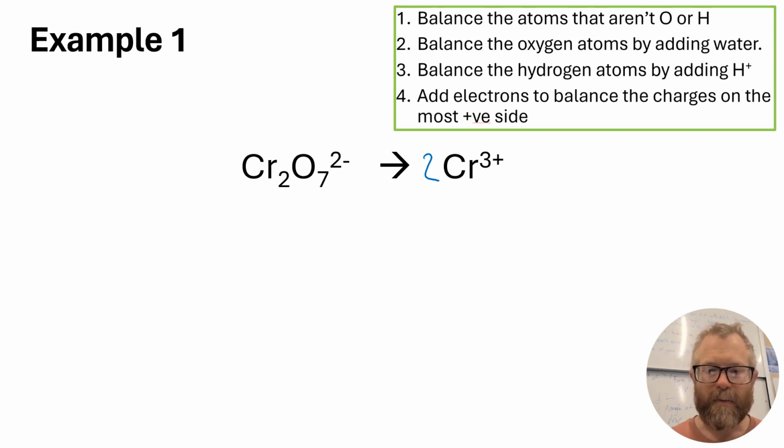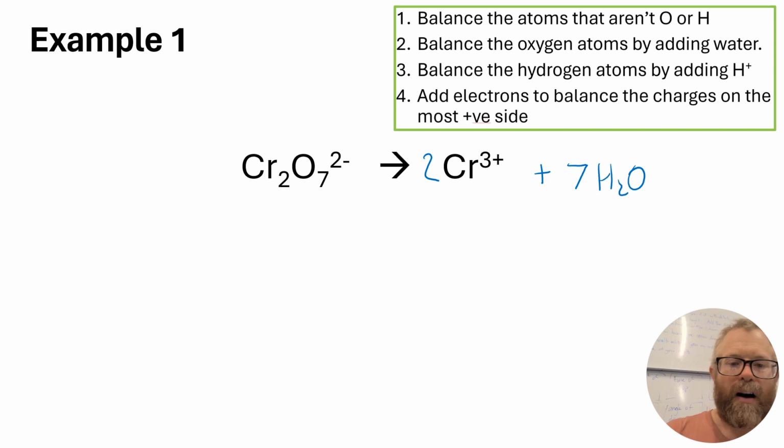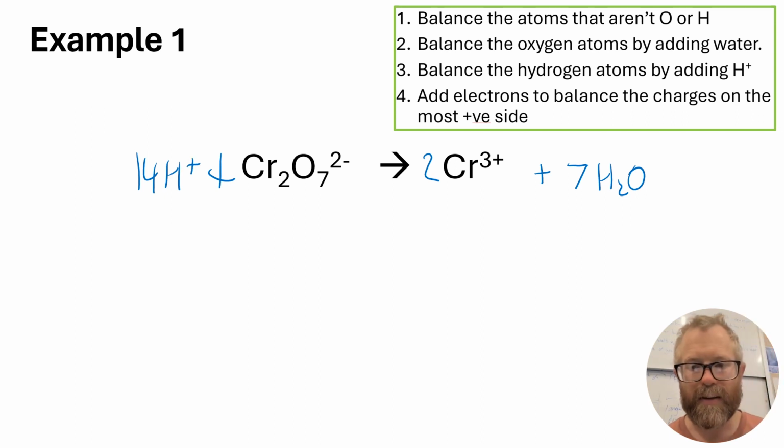On the left hand side we have 7, on the right hand 0, so we need to add 7 waters because that balances the oxygens. Now we balance the hydrogens, and by adding waters to the right hand side we now have to balance these 14, 7 times 2 hydrogens, by adding them to the left hand side, but we add them as H pluses.